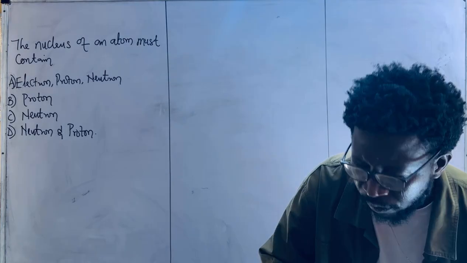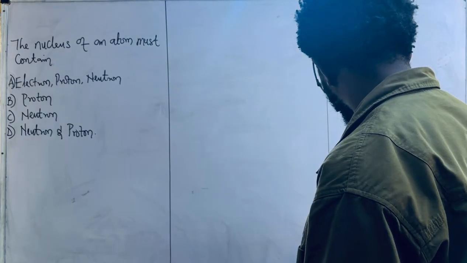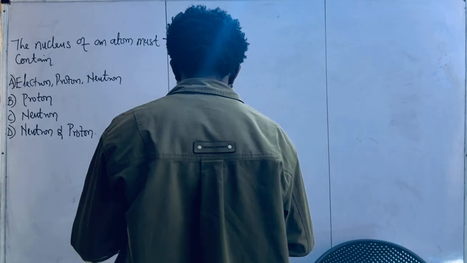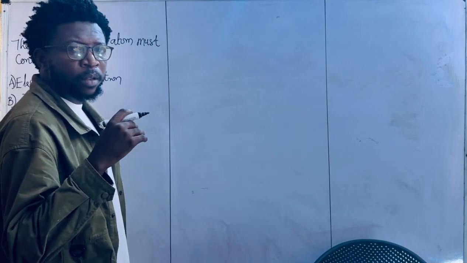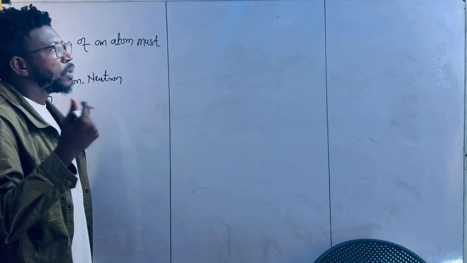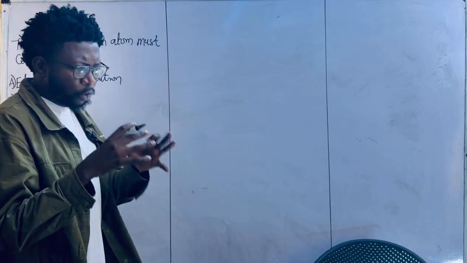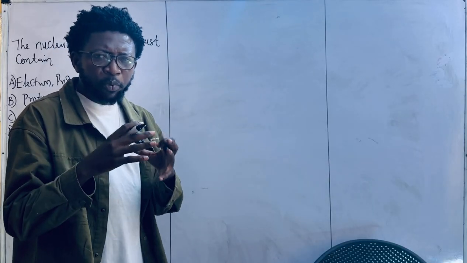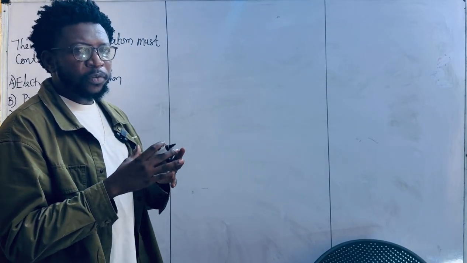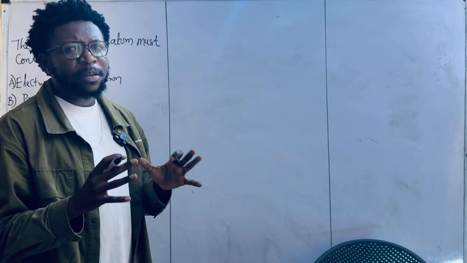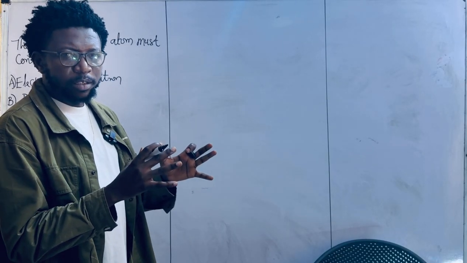Now, before I explain this question, we're going to look at a concept called nuclear symbol. The nuclear symbol of an element usually denotes the composition of the nucleus of the atom. It is made up of three things.